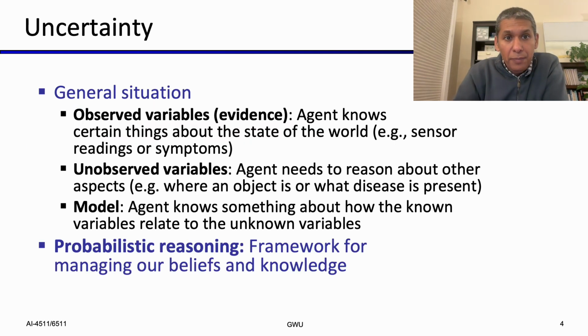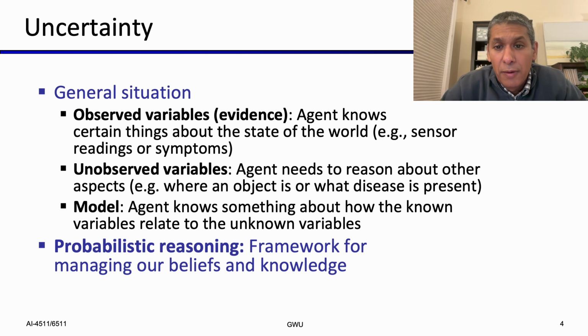So as a very basic definition here, uncertainty is when there are some variables, so the agent knows certain things about the state of the world, and there are some unobserved variables for which we need to reason. So the agent does not really know where the location of the adversary could be, or if this particular part is really faulty or not.